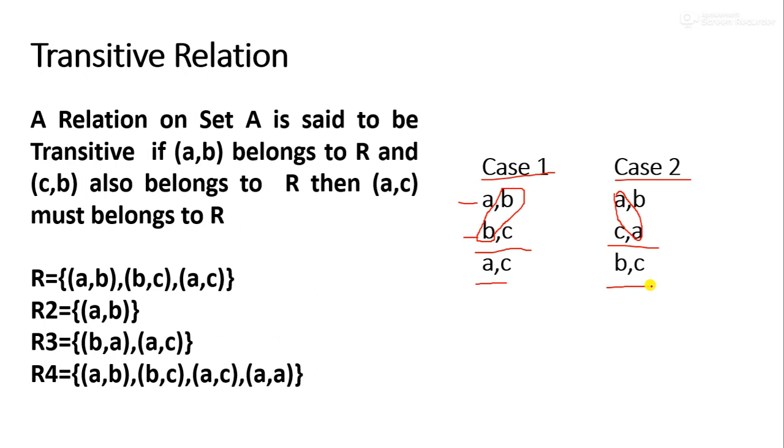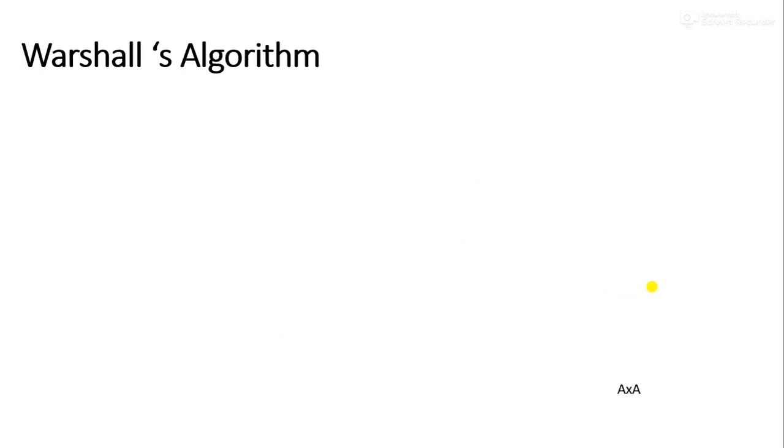In this video, we are going to discuss the Warshall algorithm, which will help you find whether the relation is transitive or not. This Warshall algorithm is a little lengthy, and I personally suggest you use it only if you are not sure whether the relation is transitive or not.